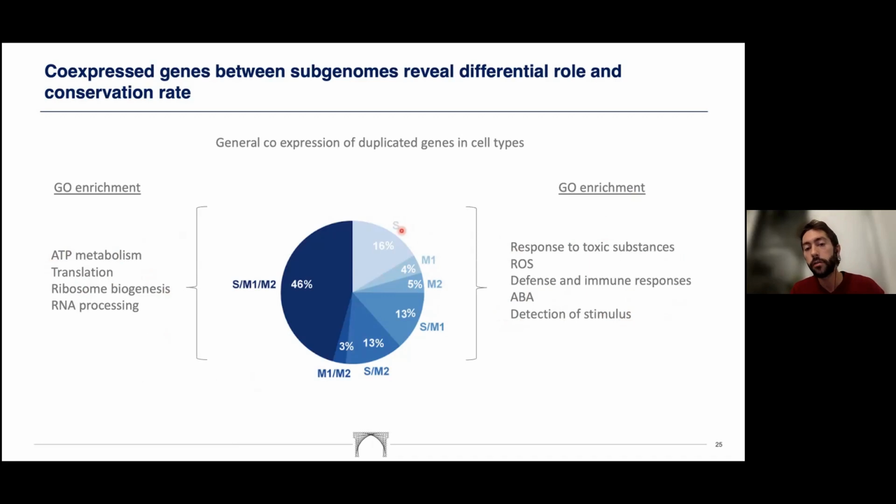So it's very interesting because these genes would be primary candidates to see what's the difference between maize and sorghum, and maybe these 16% are genes that are very specialized in sorghum, and maybe that makes sorghum more resistant to drought or heat or certain pathogens. So this could be of primary interest.